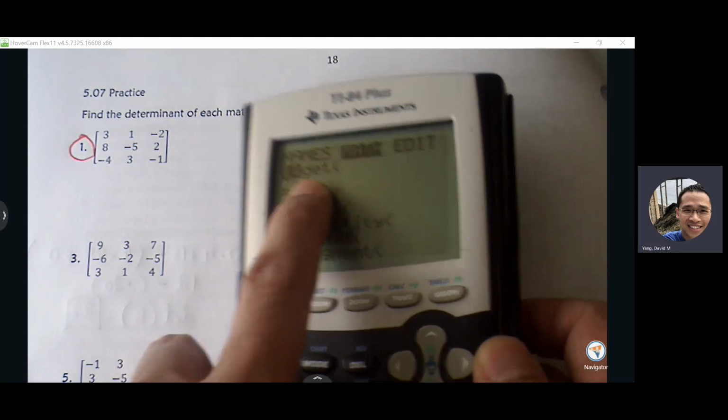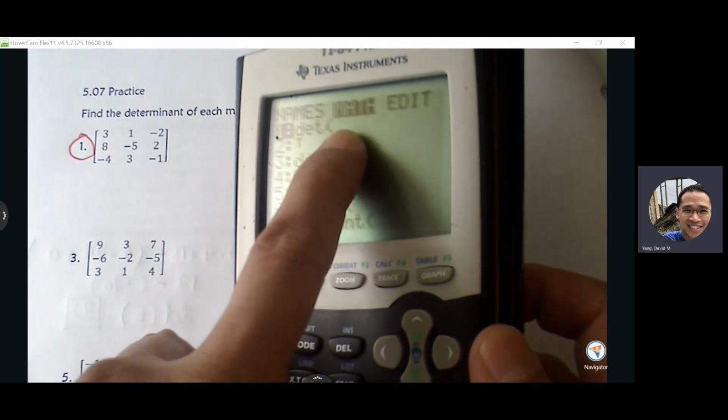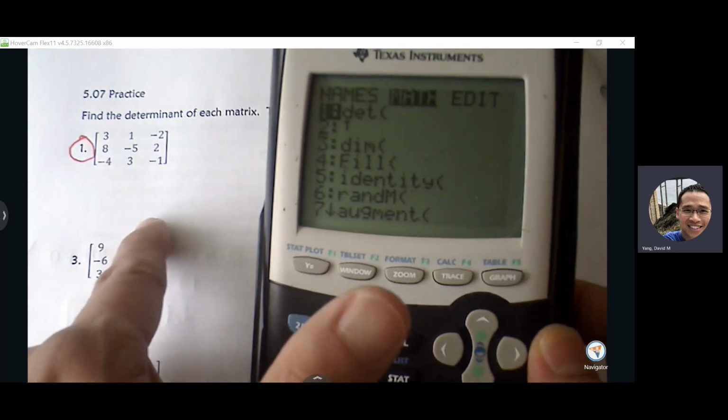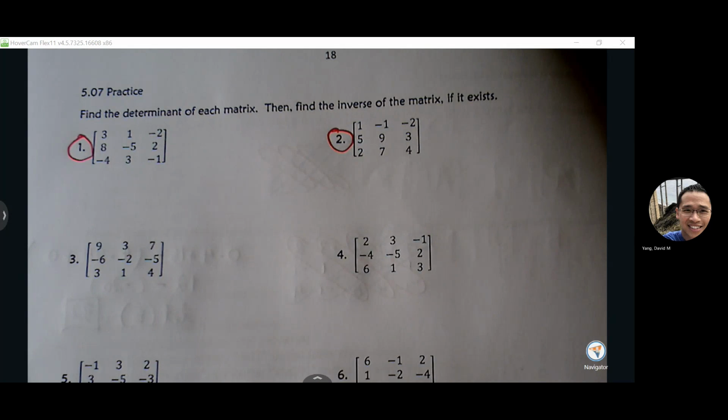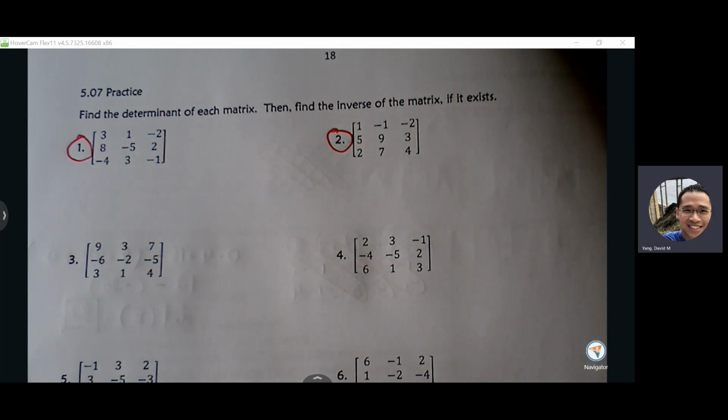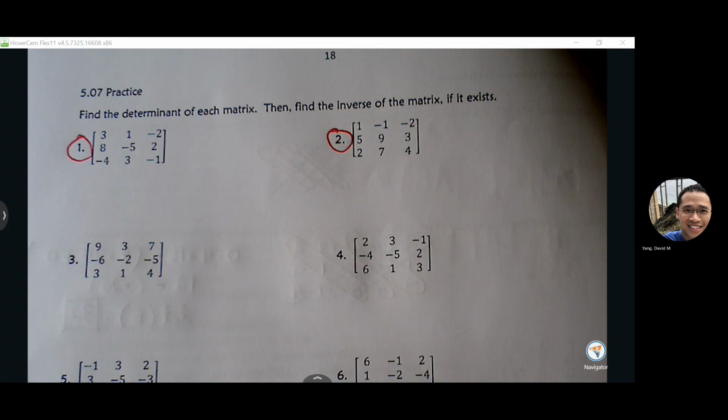If you do DET of the matrix, it'll get you down to a number. But on the test, I'm gonna ask you to show your work. Go to edit, and then just change the dimensions.